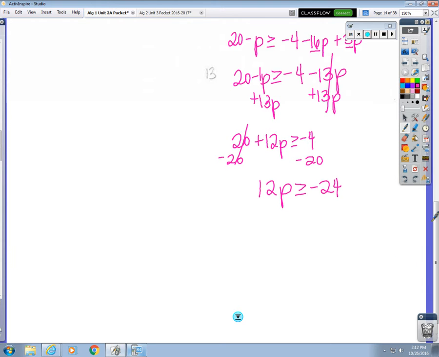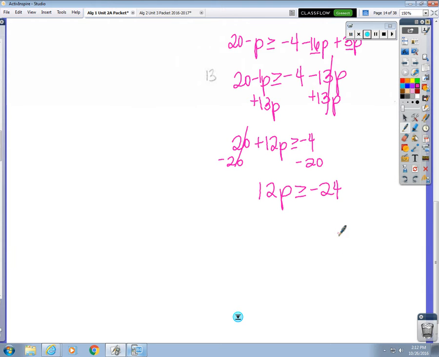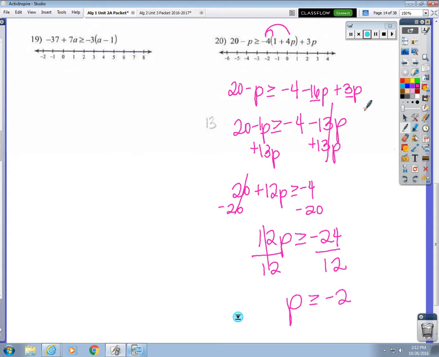Now what do we do on both sides? Divide by 12. And so p is greater than or equal to negative 2. Alright, so we circle negative 2. And it is closed because of that equal to bar.